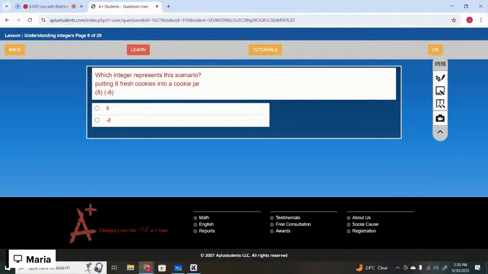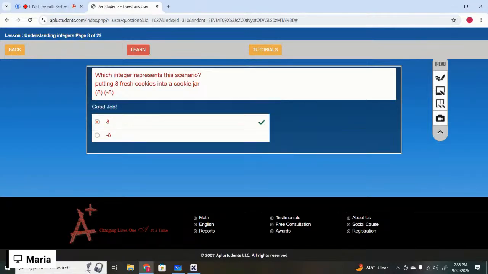Which integer represents the scenario putting 8 fresh cookies into a cookie jar? Positive 8 it is. Option number 1 is the correct option.